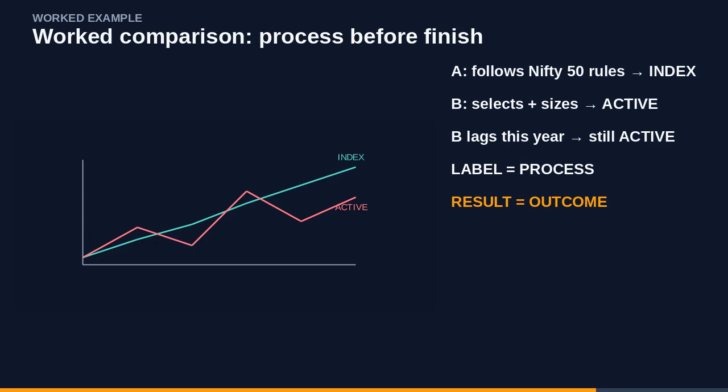B remains active even in a year it lags. Lagging is an outcome, not the process definition. A is index, B is active. Neither label promises the next result. The trap, calling every fund that beat the benchmark active and every fund that lagged passive.